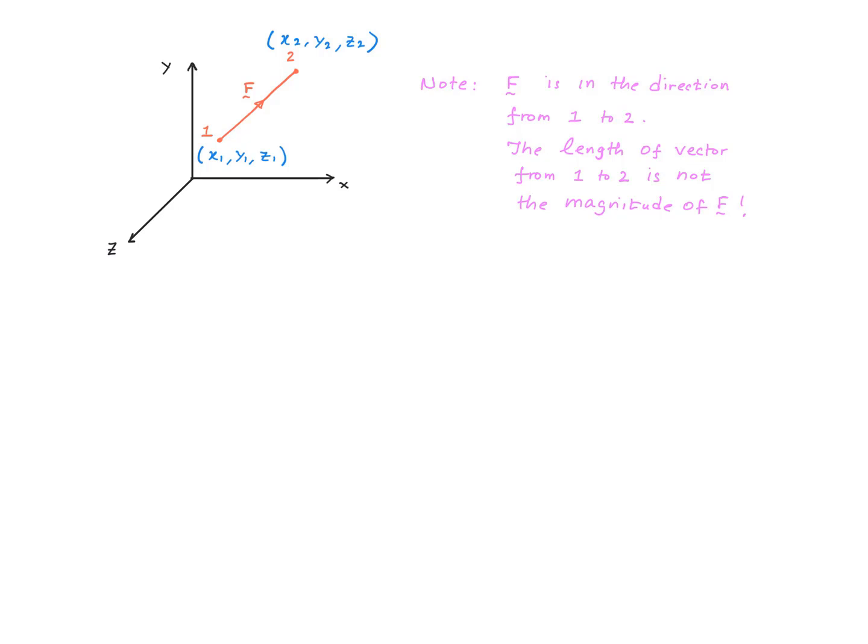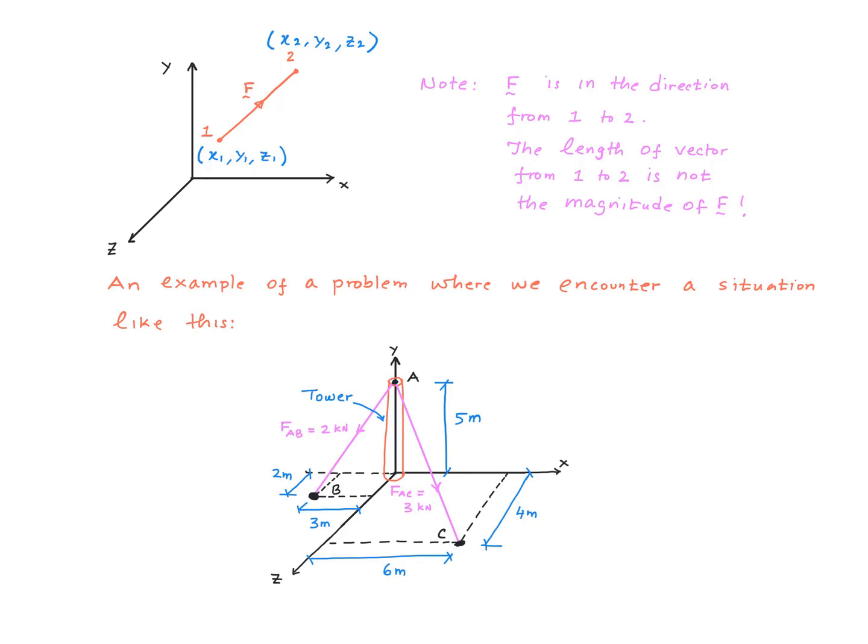Now let's say we have a force F whose direction coincides with the direction from point 1 to point 2. Let me emphasize that only the directions coincide, not the magnitudes. If you're wondering about a problem where we run into a situation like this, here's an example. We have a vertical tower that is supported by two cables like this. The tensions in the cables are known.